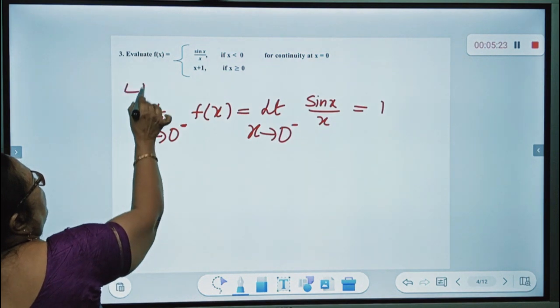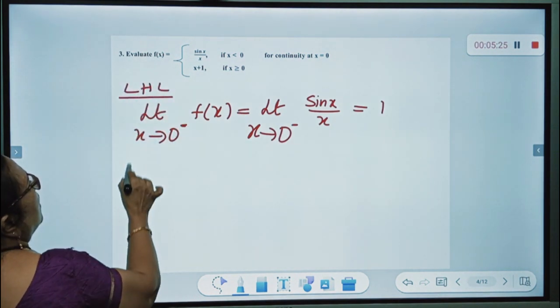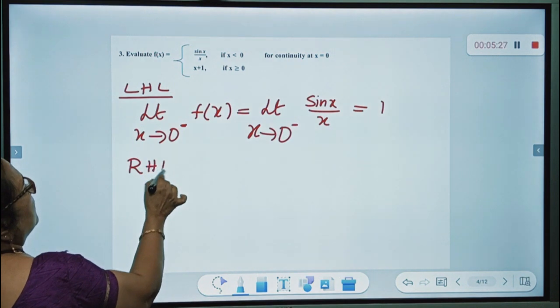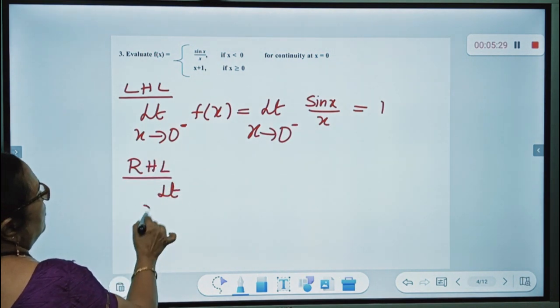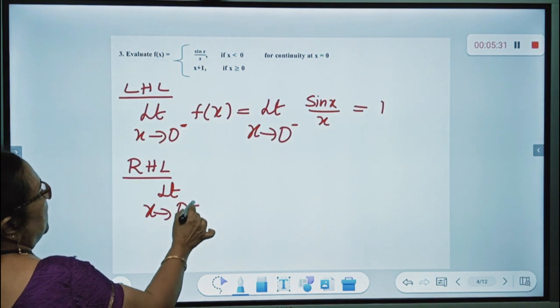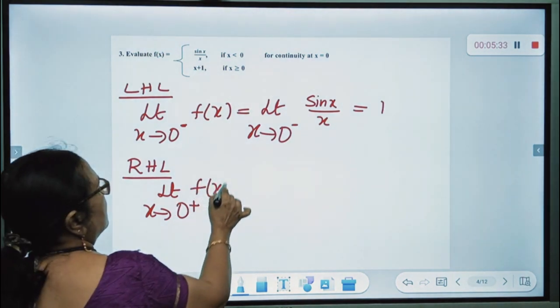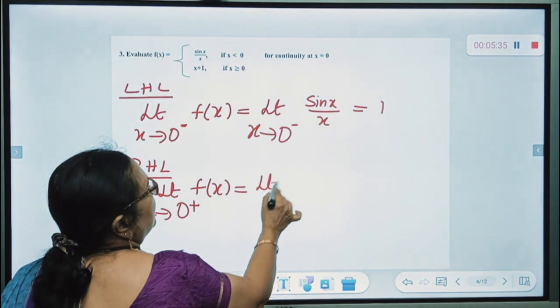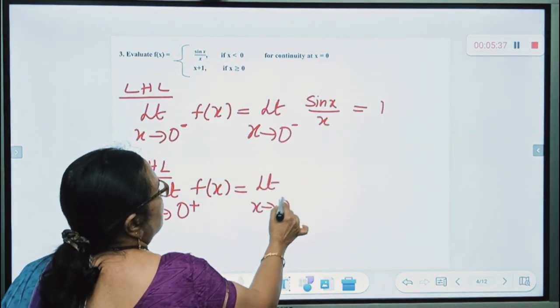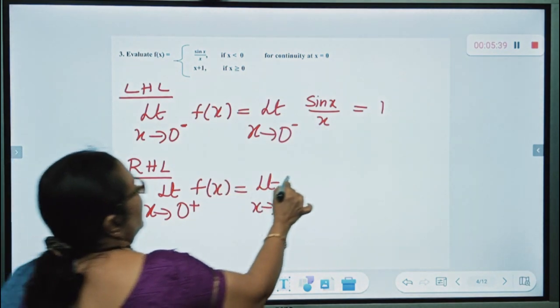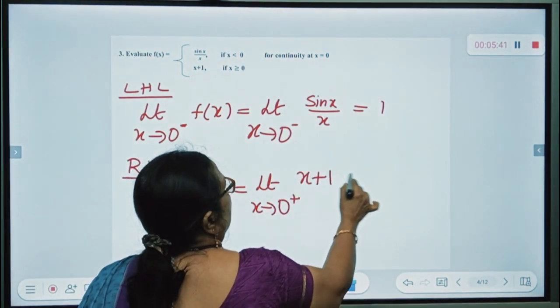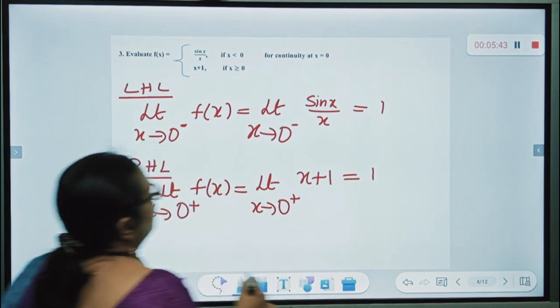So this is your left hand limit. What will happen to your right hand limit? Limit x tending to 0 plus of f of x is equal to limit x tending to 0 plus of x plus 1. When I put x equal to 0, I get 1.